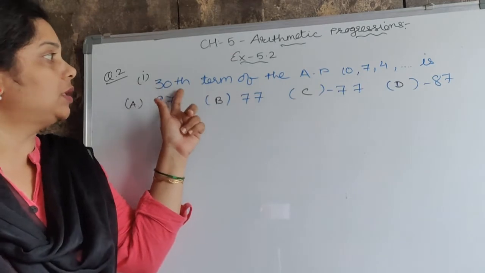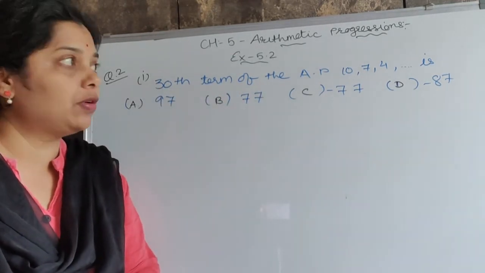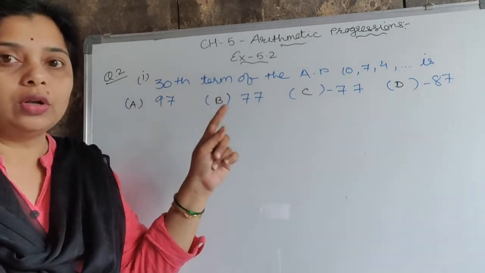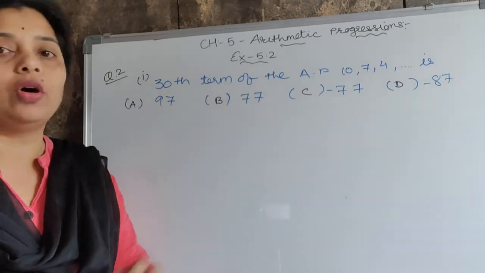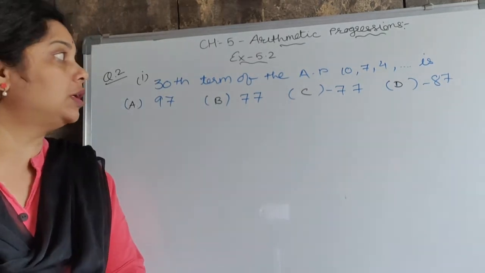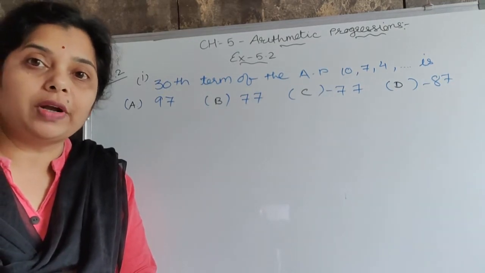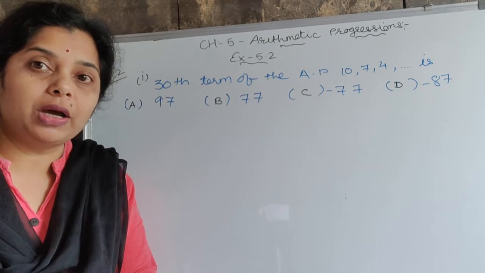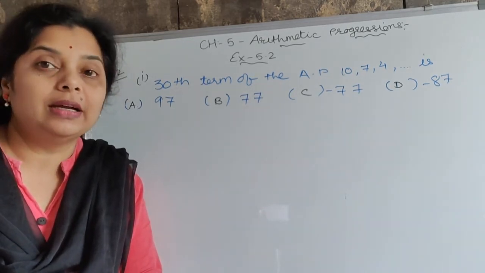And the question is: the 30th term of the AP 10, 7, 4 and so on is either A, B, C or D. So we have to find the 30th term. The 30th means A30. If you want to find A30, what is the formula? A30 is equal to a plus 29d.